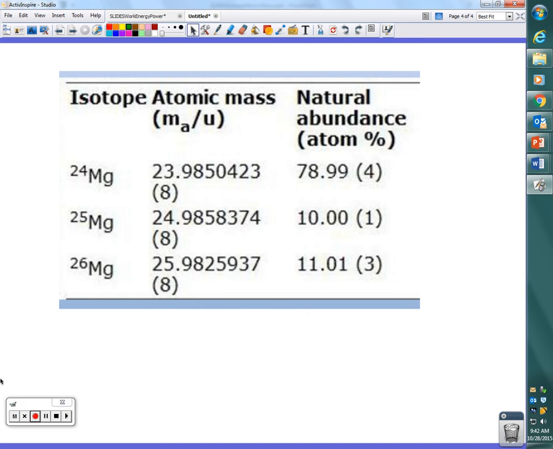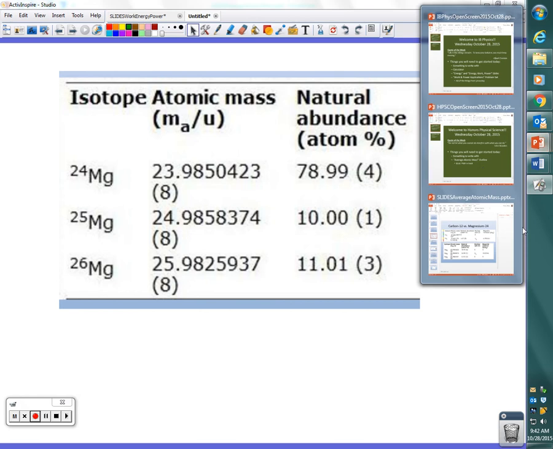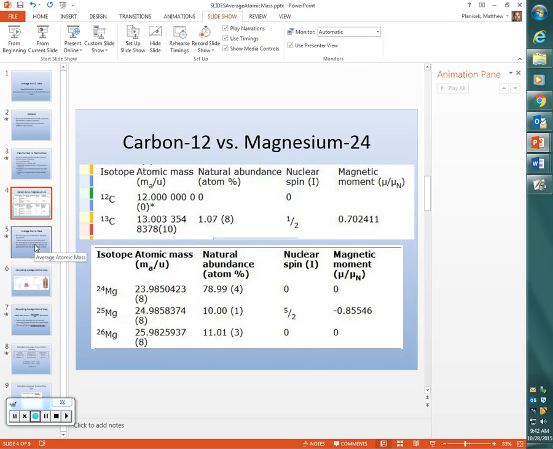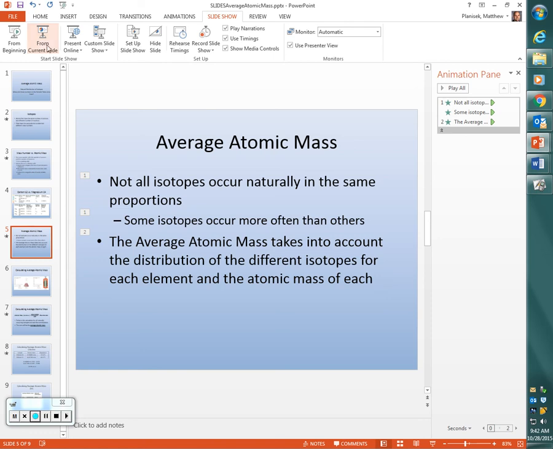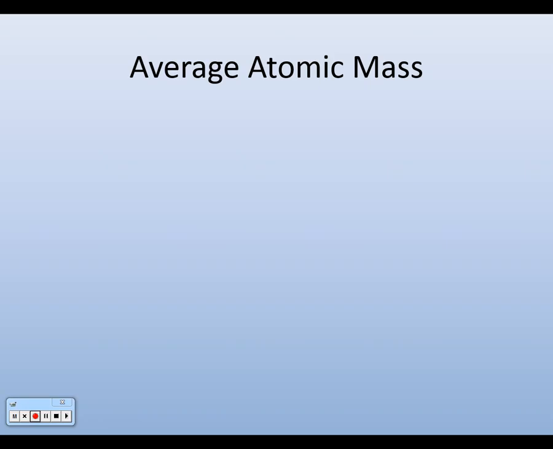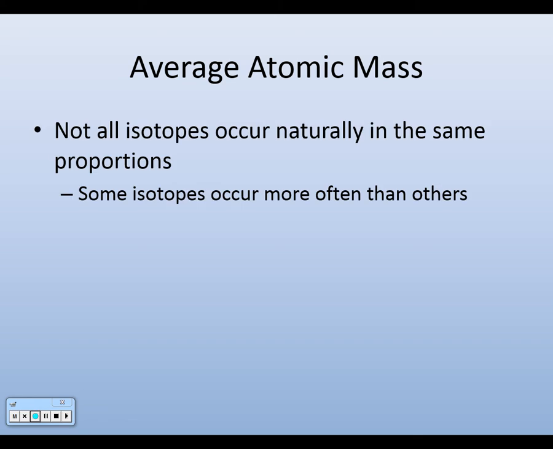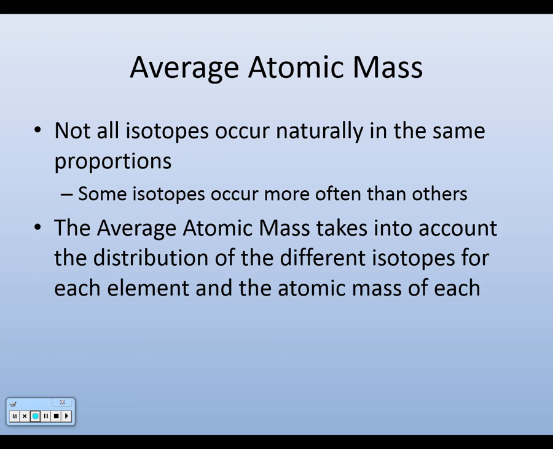We refer to that number on the periodic table, and your periodic table should refer to this as well, as the average atomic mass. It's not atomic mass, it's average atomic mass. As we just saw from that chart, not all of the isotopes occur naturally in the same proportions. Some occur more often than others. Average atomic mass takes into account the distribution of the different isotopes and the atomic mass of each.